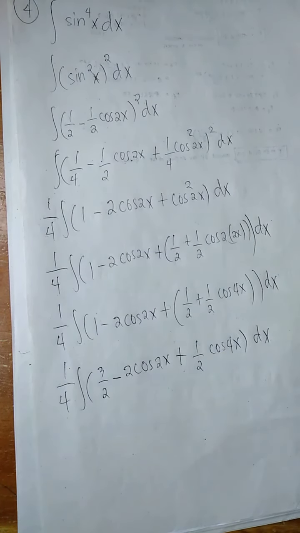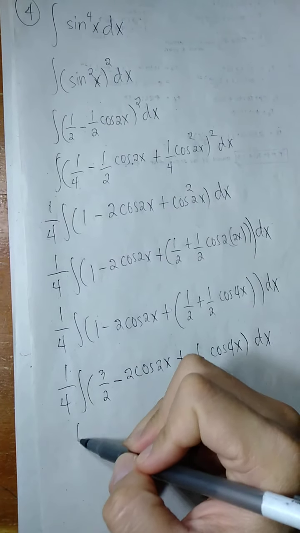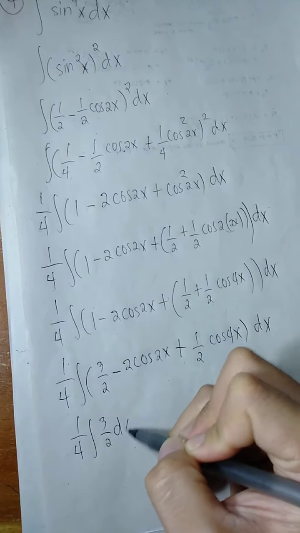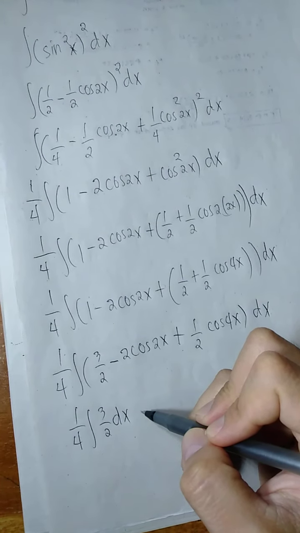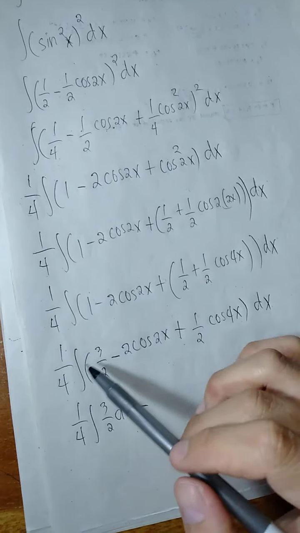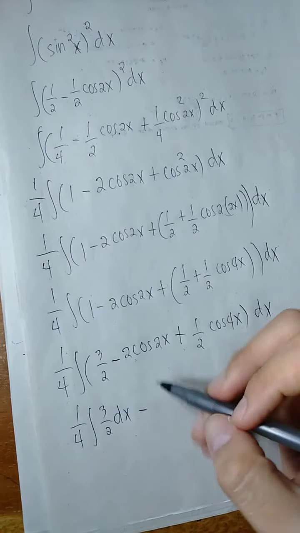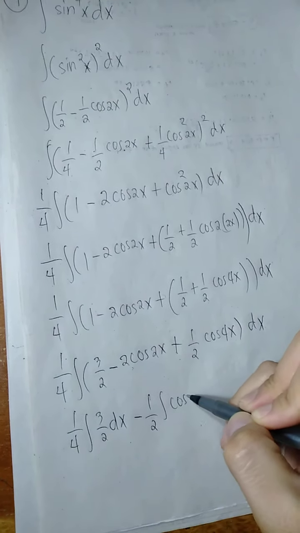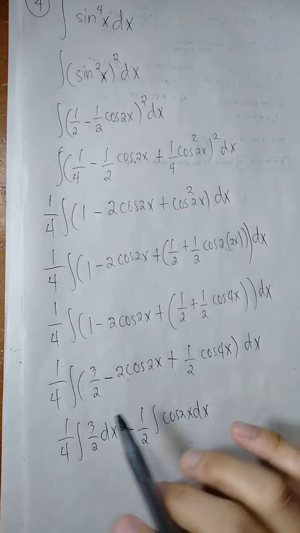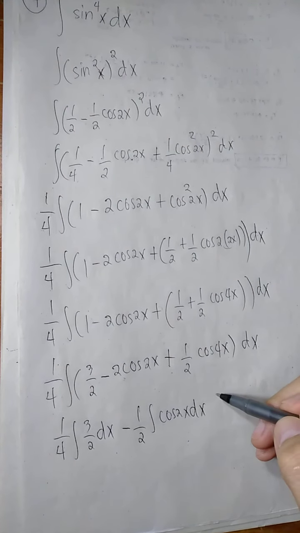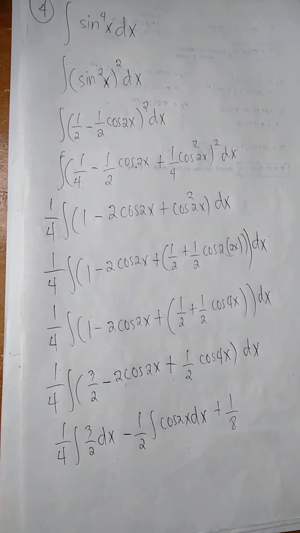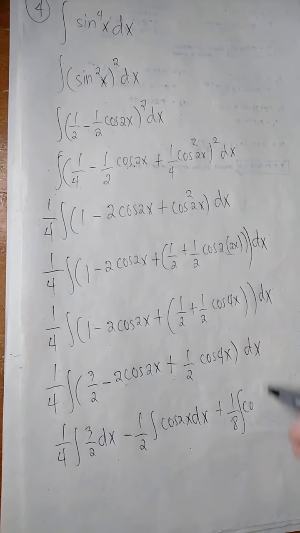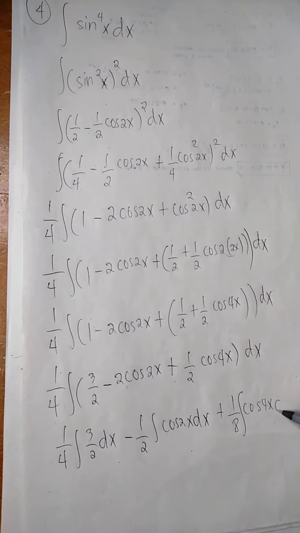So, magiging 1/4 integral of 3/2 dx minus, so 1/4 times negative 2, so negative 1/2 integral of cosine 2x dx, then 1/4 times 1/2, so plus 1/8 integral of cosine 4x dx.